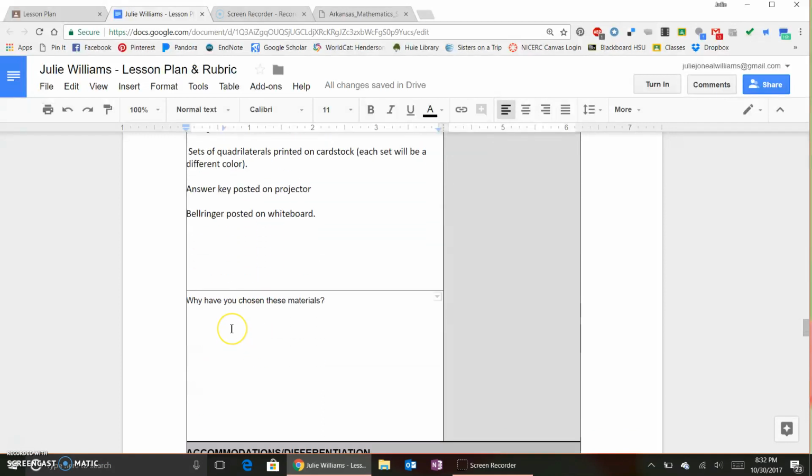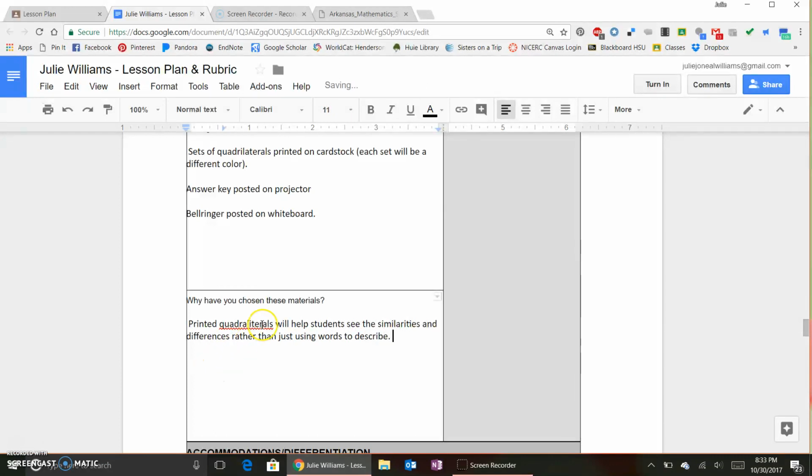Then why have you chosen these materials? Students, well, and you don't want to just say when they're using it. Obviously, let's see, the printed cardstock, printing quadrilaterals will help students see the similarities and differences rather than just using words to describe.